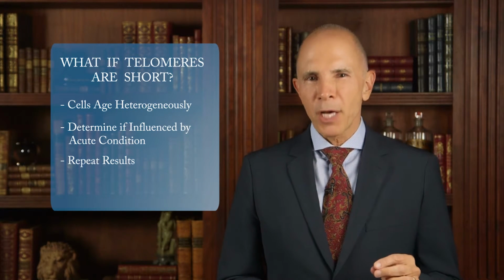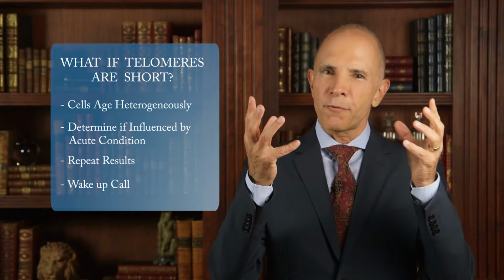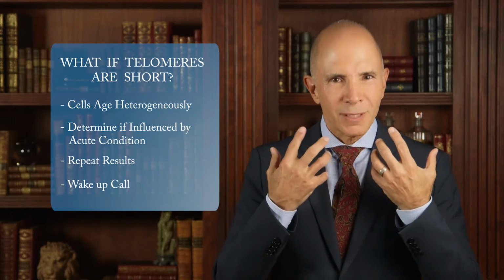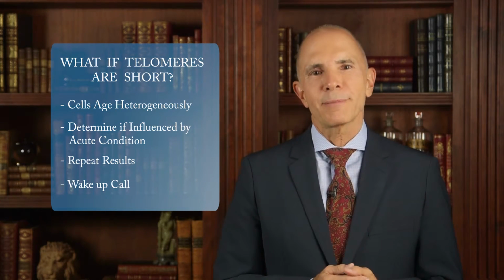A preponderance of critically short telomeres can serve as a wake-up call for patients to reinforce adherence to lifestyle, supplementation, and medical programs. Annual measurements will reflect the rate of telomere attrition. Those patients who undertake and sustain meaningful improvement in lifestyle should normally expect to see a decreased rate or even stabilization in their telomere attrition.